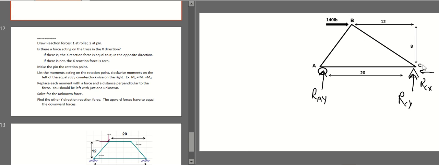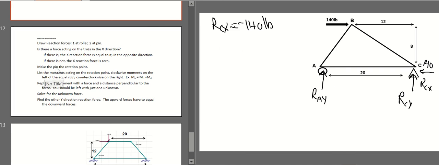But since it's not, my RCX equals, it's actually going to go the opposite direction, a negative 140 pounds. Okay, so that got that one done.